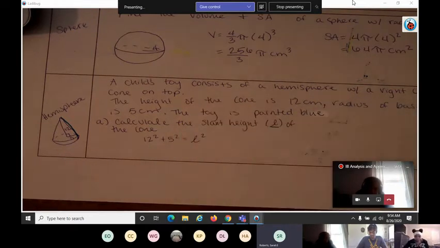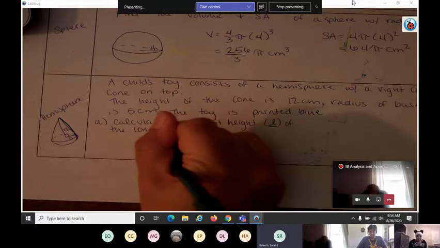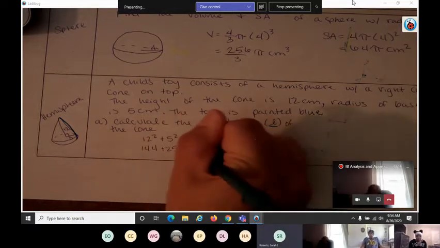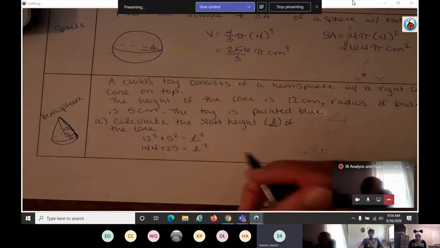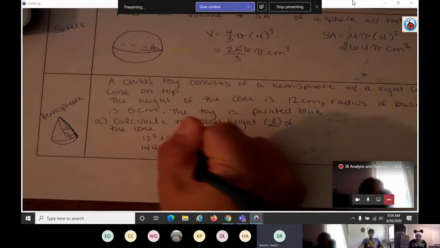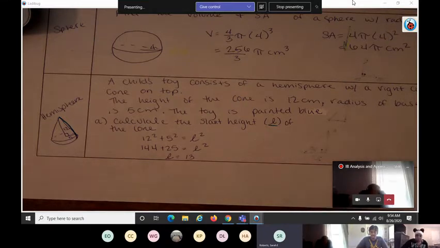And then we end up with 144 plus 25, L squared. This happens to be a perfect, what is it called? Perfect cube or something like that? Match? No. It has a specific name.